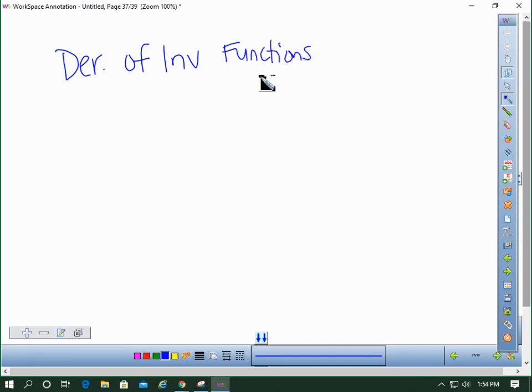All right, so if you remember inverse functions, that's when you switch your domain. To find the derivative of an inverse function, say I have some function y equals f of x, and I know its derivative at, just making up numbers, x equals 2.